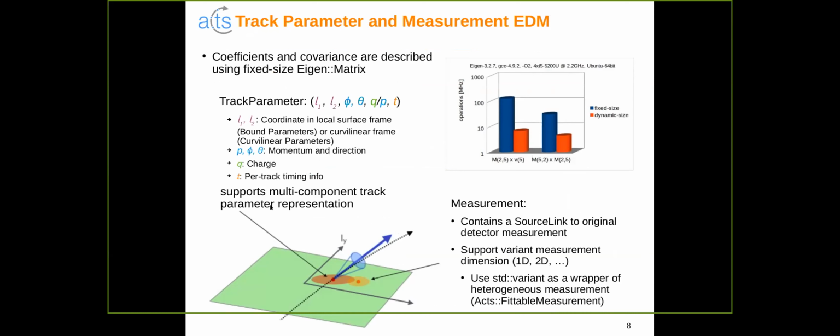We also support a multi-component version of this. And for the measurement, we have a source link to the original detector element, which can be transcribed for other detector measurement description. And then to contain different measurement dimensions, we are using our std::variant for this.